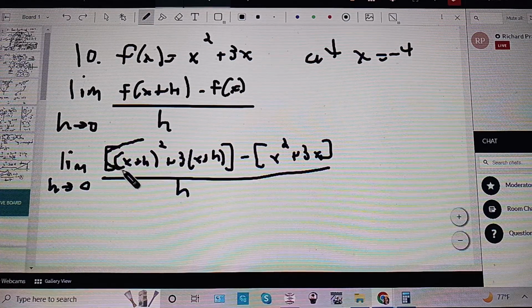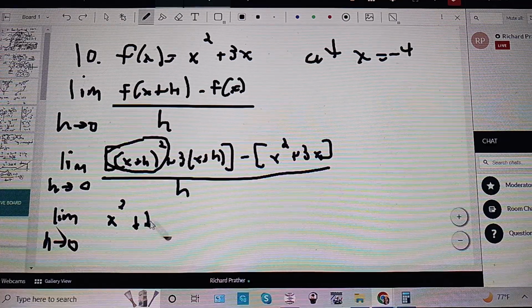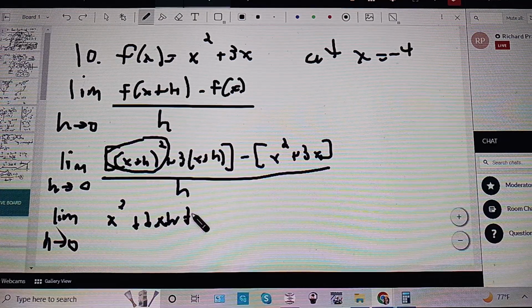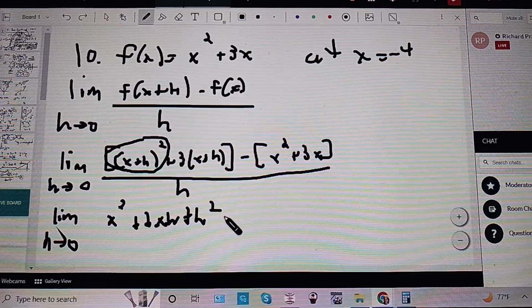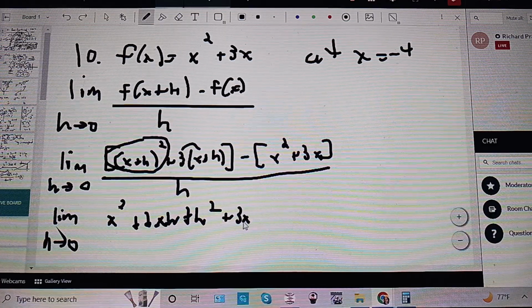So this part right here, the squared part, is, let me write this again, limit as h approaches 0, x squared plus 2xh plus h squared. That's the squared part, those three terms. And then we get a 3x and a 3h.